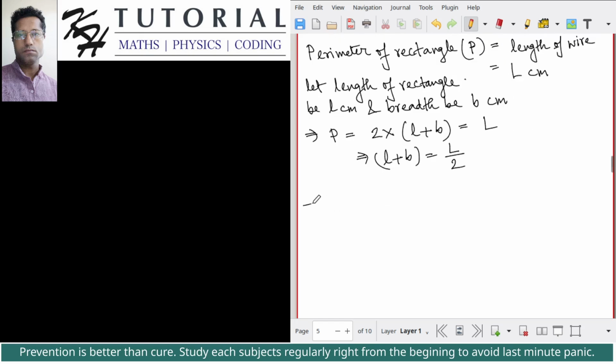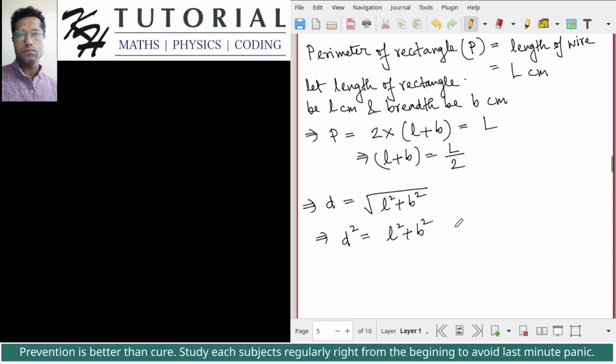So we can say that d, the diagonal of the rectangle, will be equal to square root of l square plus b square. This implies d square is equal to l square plus b square.